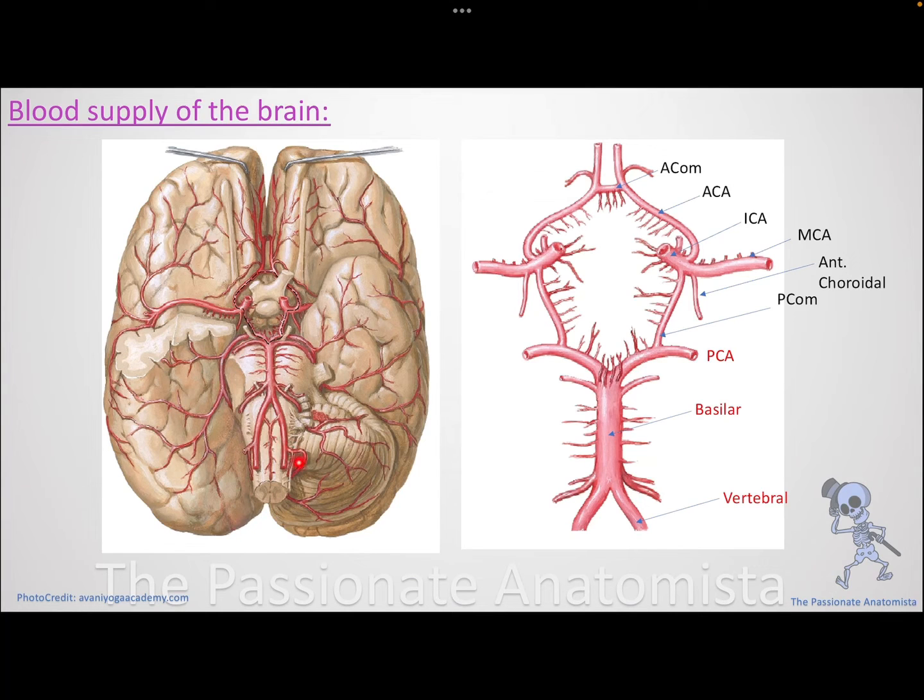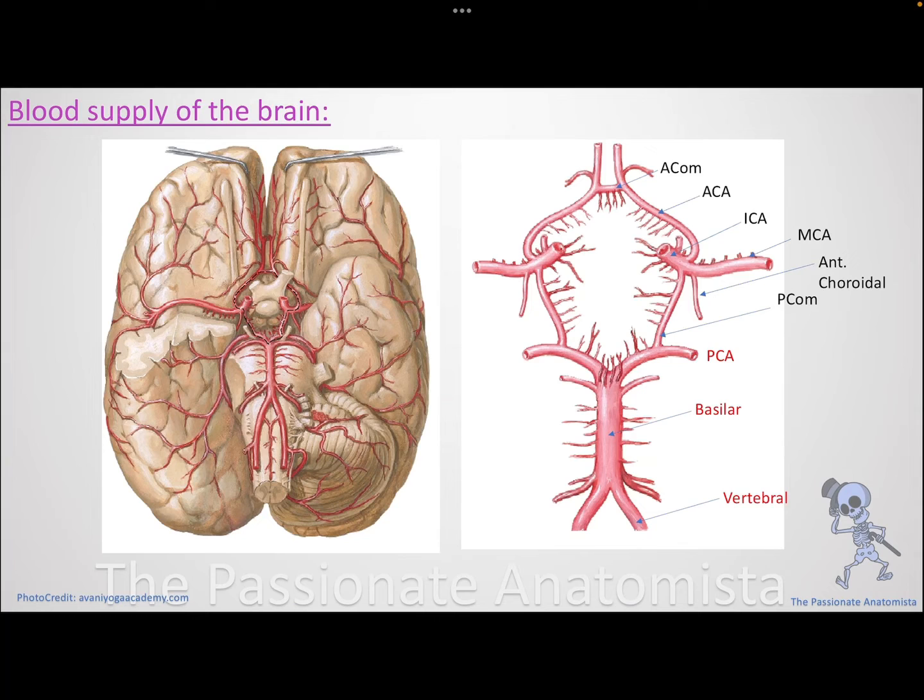So the vertebral gave the PICA, and the basilar was so jealous, so he gave the AICA, and he wasn't only jealous by giving only one branch, he also gave the superior cerebellar, so he took over the domination of the whole superior surface of the cerebellum, and then he ended by giving us the posterior cerebral artery.